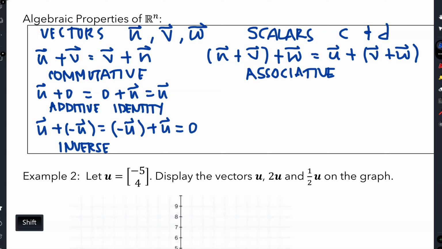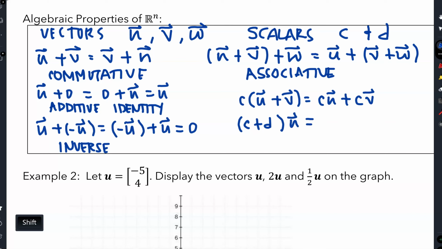Distributive: if I'm taking a scalar and multiplying it times u plus v, that's the same thing as multiplying c times u plus c times v and adding those together. Same thing if I take two scalars, c plus d, and multiply them times the vector u. It's the same thing as c times u plus d times u, and adding those together.